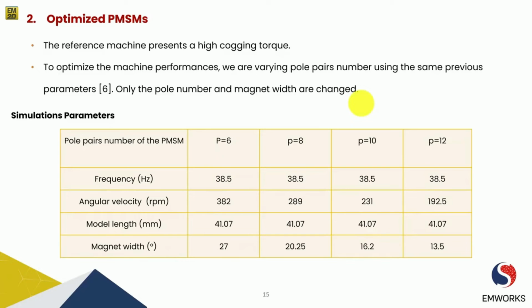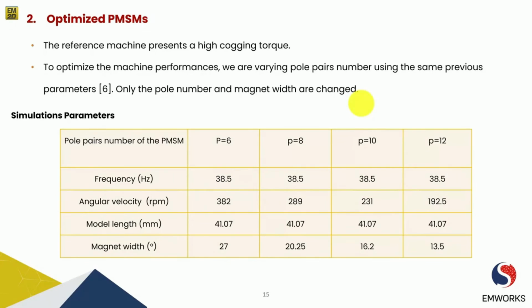We don't want to vary our outer diameter or the length of the machine, so our stator core is fixed. We'll be simply varying our pole pair numbers in the previous design, and the magnet width will also change accordingly to maintain the magnet volume almost the same in all the cases.